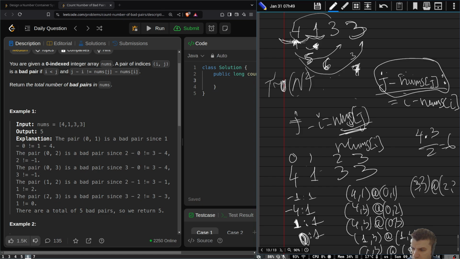So there are a total of 6 pairs. What about this one? They say it's not bad. It's a bad one. This one is what?